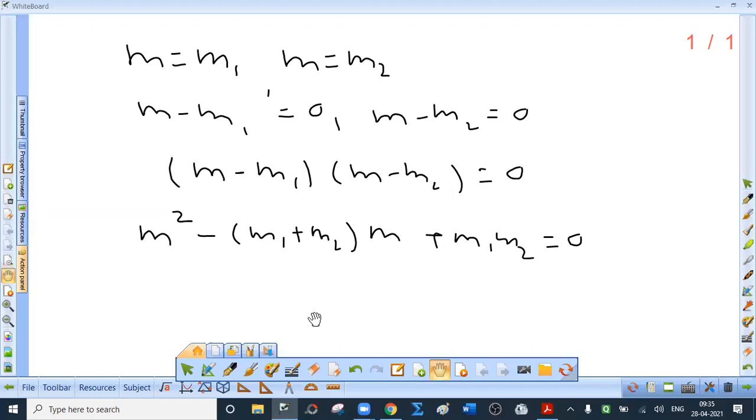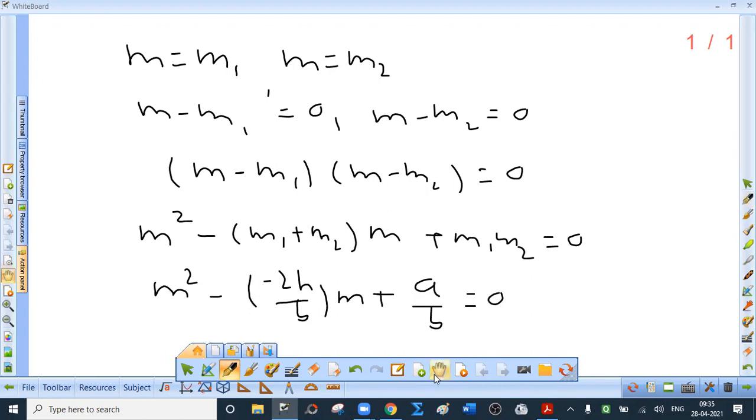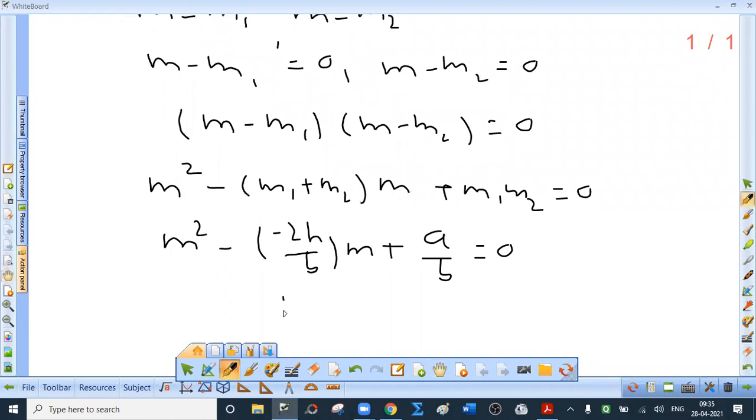Now we have said that m1 plus m2 is nothing but minus 2h upon b. And what is m1 m2? A upon b. Now, if you rearrange the terms, you get bm square plus twice hm plus a equal to 0.